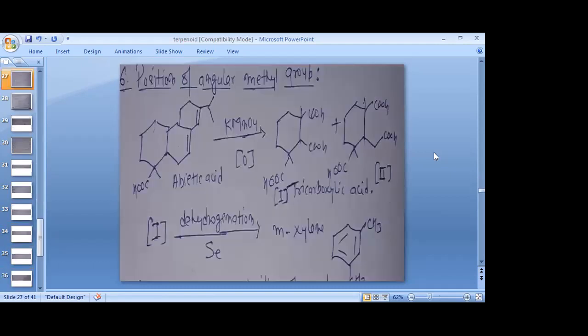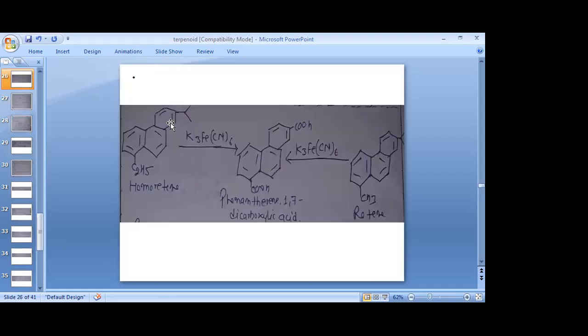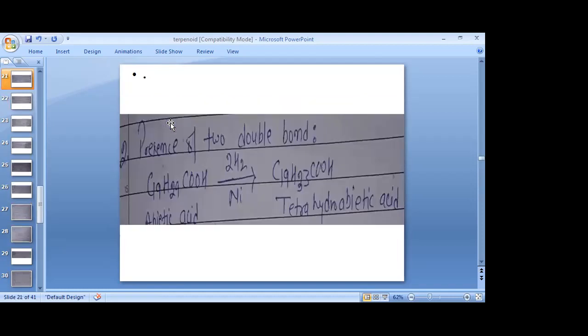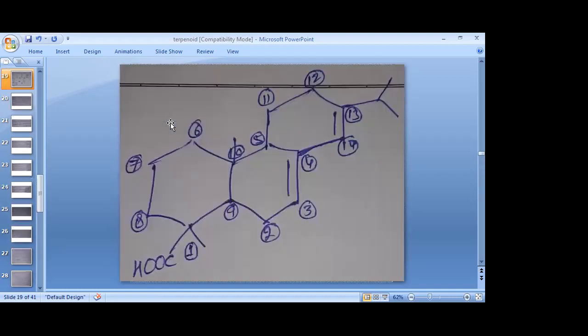Now after that you can see the next point, the position of the angular methyl group. Now you know the angular methyl group, the CH3 group, we had already discussed this point when we discussed the structure.